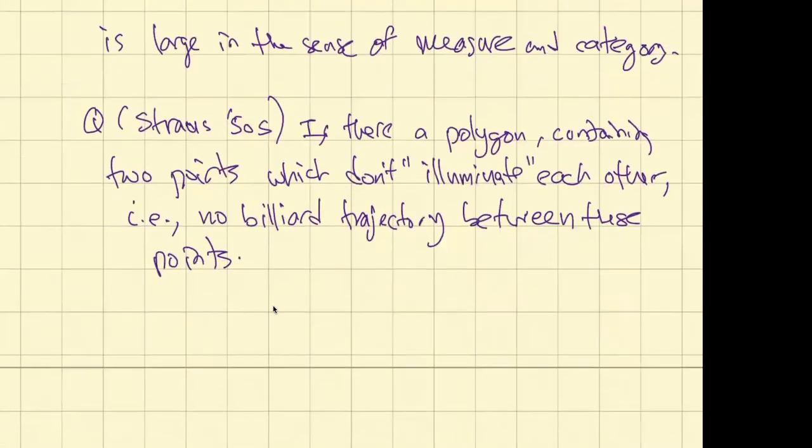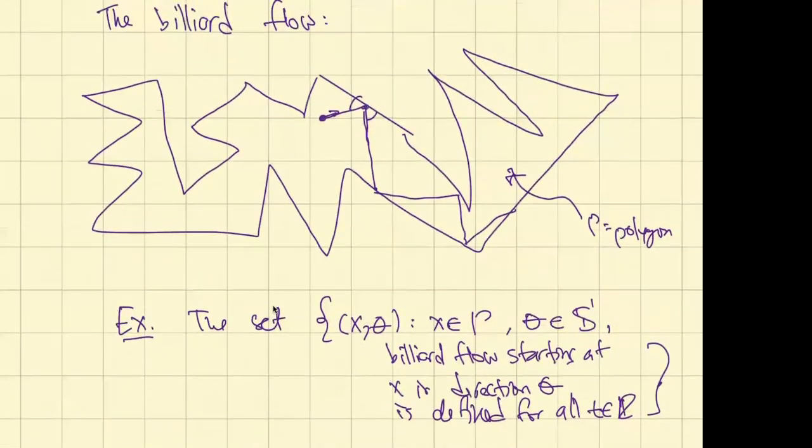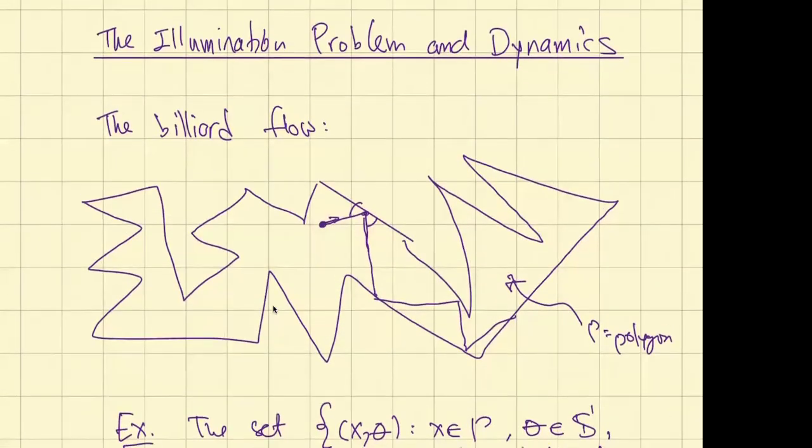The illumination terminology comes from the idea that you can think about this as a hall of mirrors, with a laser beam that you're shining in it, and you want to know whether from every point you can reach every other point. If the billiard table is some convex shape, say some kind of quadrilateral like this, and you take any 2 points, you can just connect them with one straight line, and there's nothing to worry about.